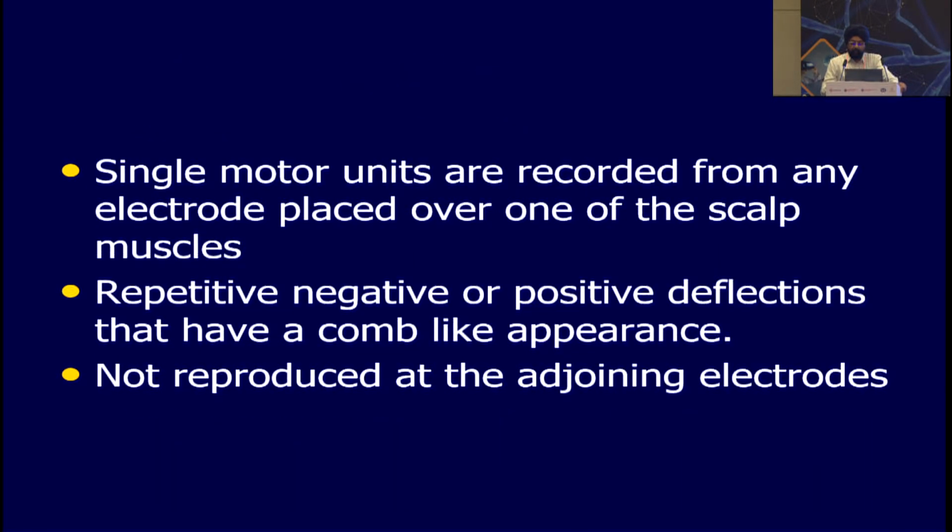Single motor units are recorded from any of the electrodes placed over the scalp muscles, and you have repetitive negative or positive deflections that can have a comb-like or dirty picture-like presentation. It should not be reproduced at the adjoining electrodes. So only at those electrodes or areas which have that muscle group, you should have that abnormality.